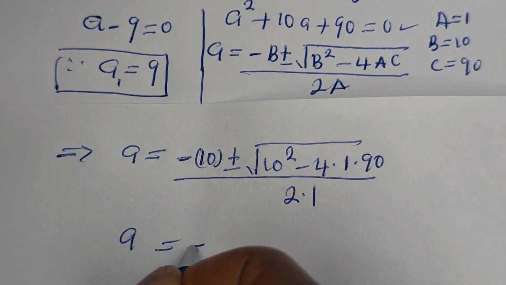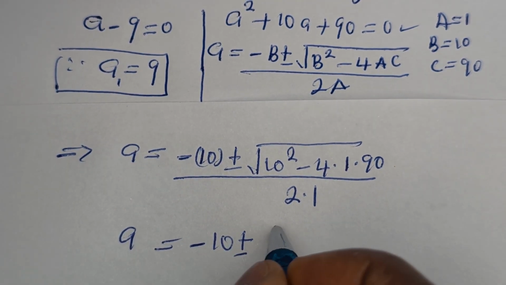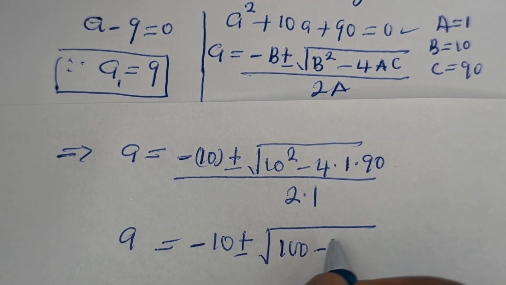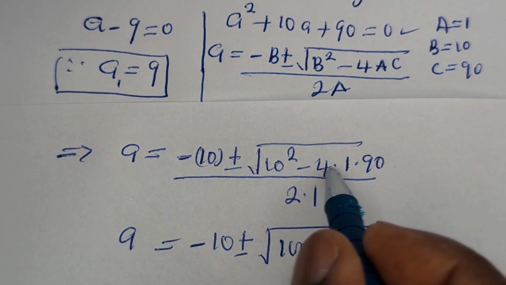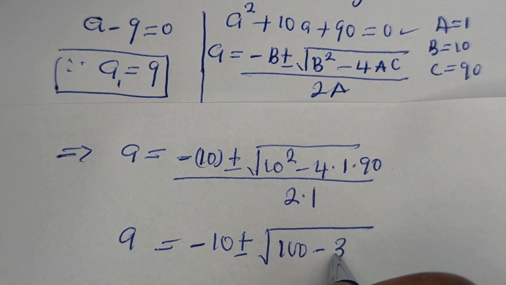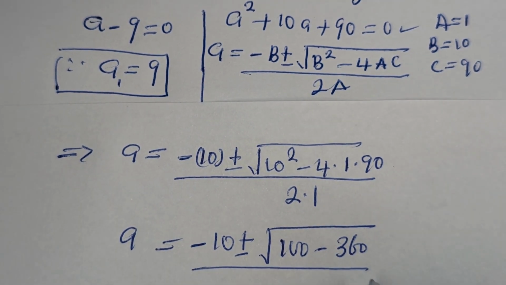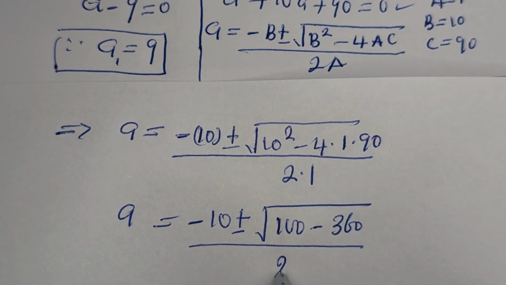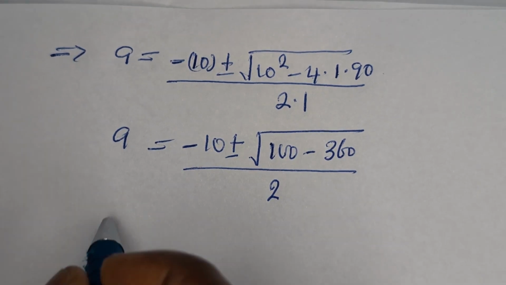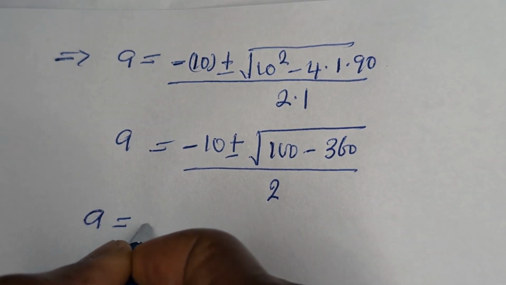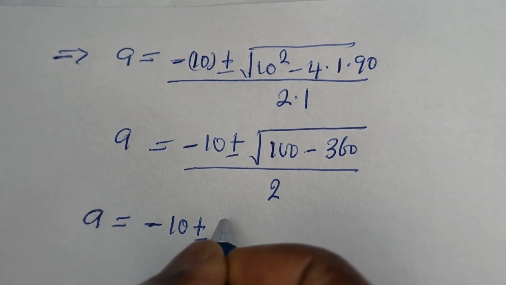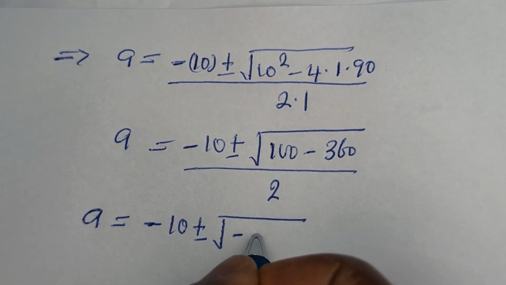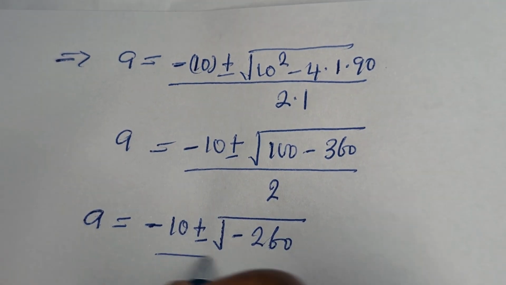A is equal to minus 10 plus or minus square root of 10 square, that is 100, minus 4 multiplied by 1 multiplied by 90, that is 360, divided by 2 multiplied by 1, that is 2. A is equal to minus 10 plus or minus square root of 100 minus 360, that is minus 260, divided by 2.